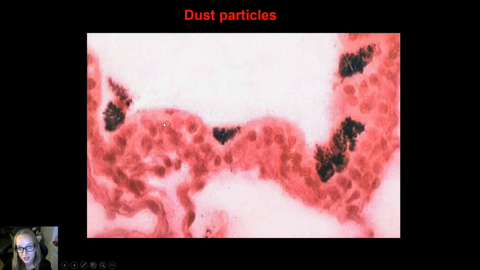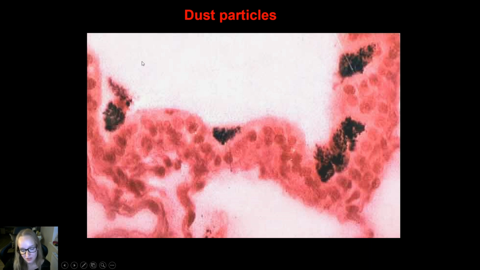Also dust particles. These are an example of exogenous inclusions, these dark particles in macrophages. Normally in the lungs you have macrophages, the cells which are trying to clean the lungs, and they eat all the dust particles, and after they do so, they are called coniophages.